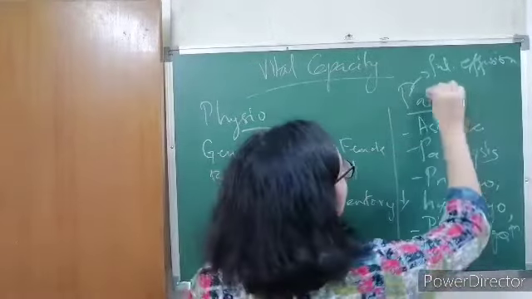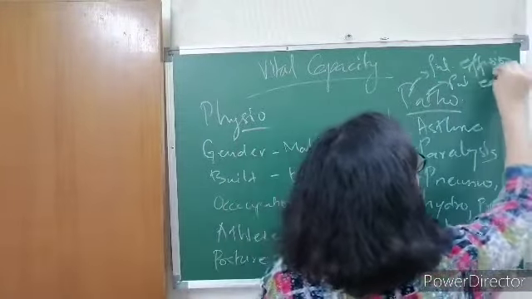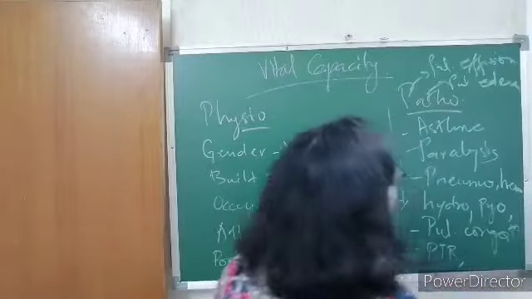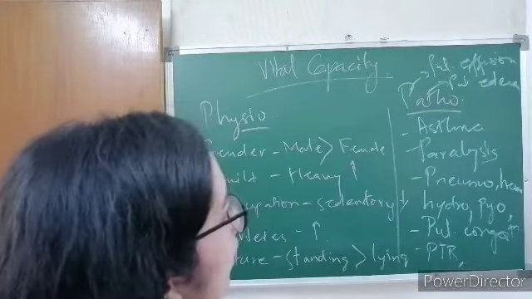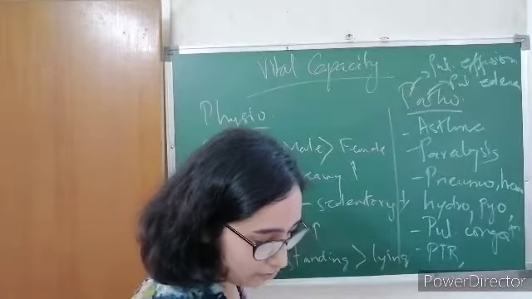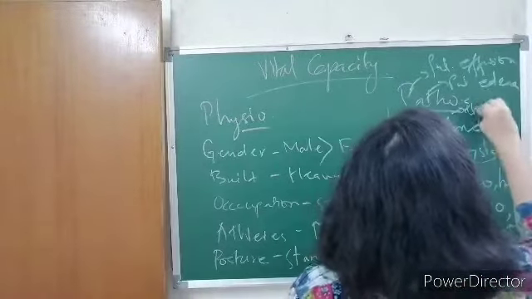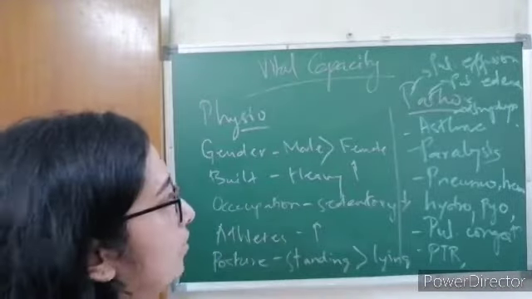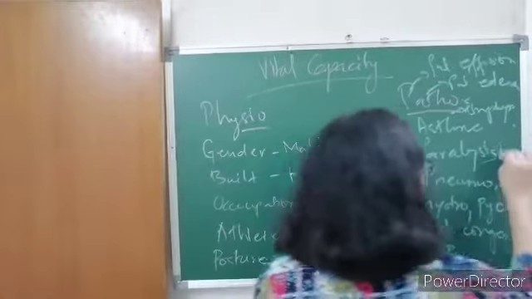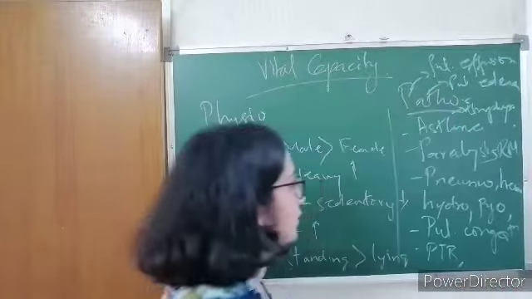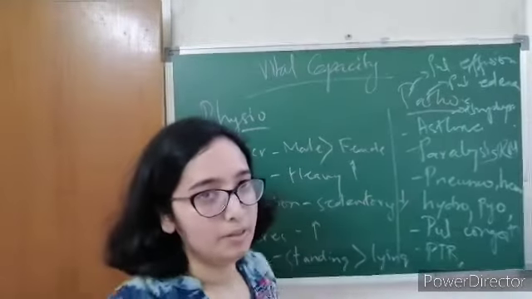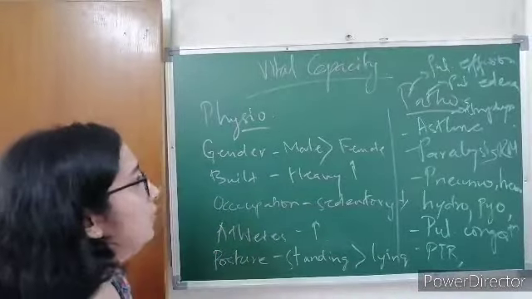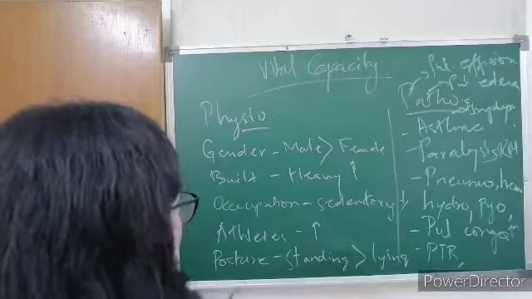Also in pulmonary edema, and emphysema. So these will be the conditions in which it will be less: asthma, paralysis of respiratory muscles, pneumothorax, hydrothorax, pyothorax, pulmonary congestion, pulmonary TB, pulmonary effusion, pulmonary edema, and emphysema. So in these conditions, the vital capacity will be less.